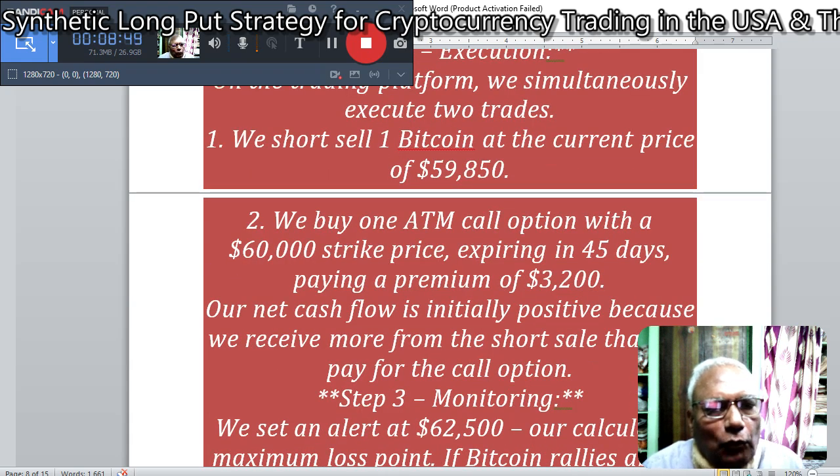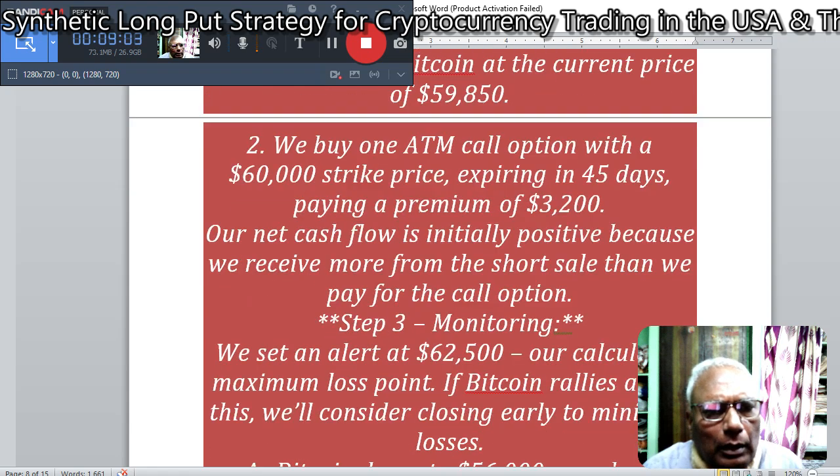Second, we buy one ATM call option with a $60,000 strike price expiring in 45 days, paying a premium of $3,200. Our net cash flow is initially positive because we receive more from the short sale than we pay for the call option.